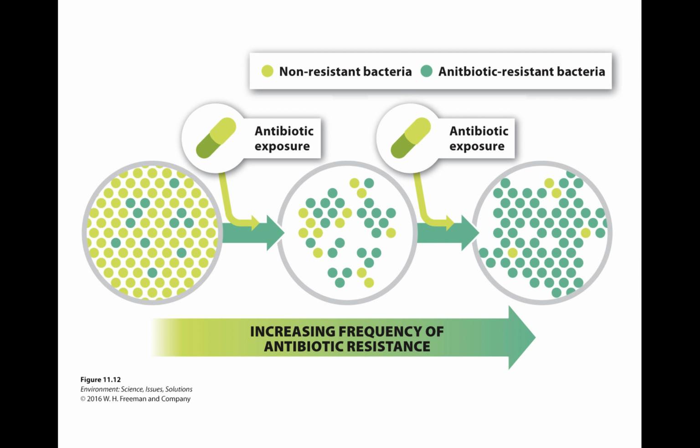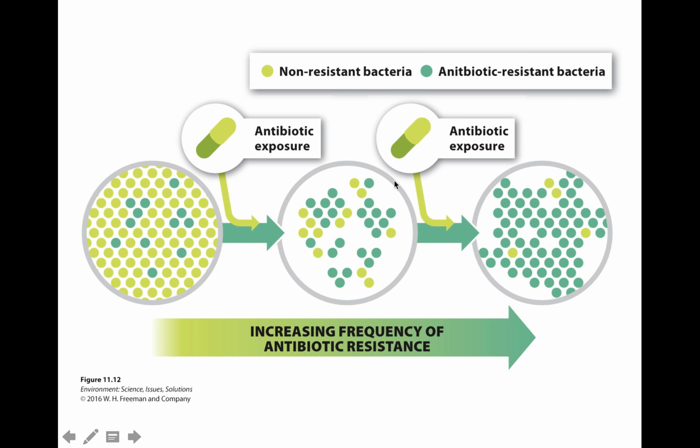So how is this important to what we're talking about? Well, whether you're talking about humans or cattle being exposed to antibiotic, the important thing to remember is the more antibiotic that individual is exposed to, and the more times it's exposed to it, the more the possibility that they will be harboring a population of resistant organisms in their body.